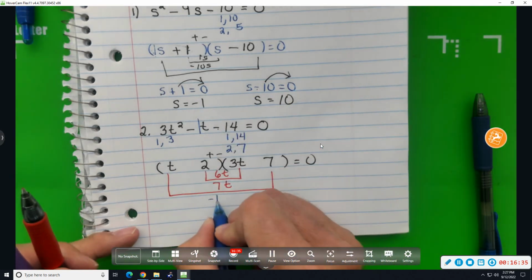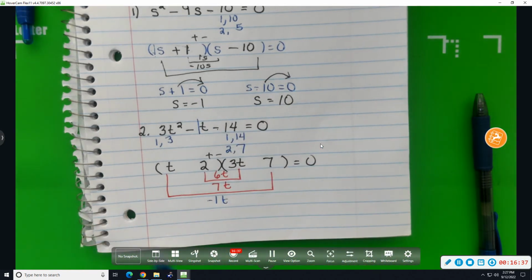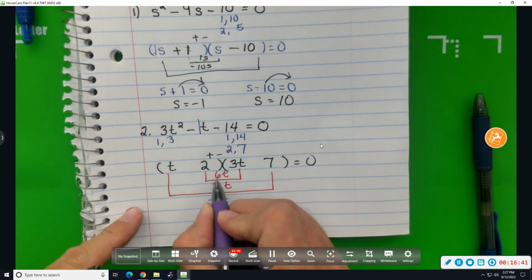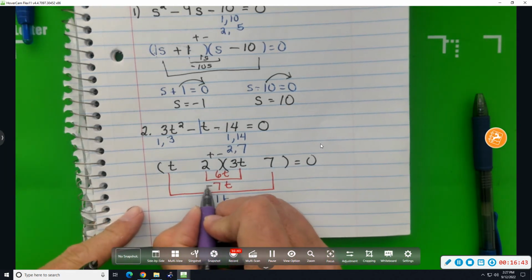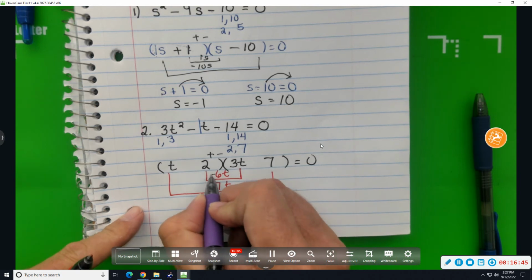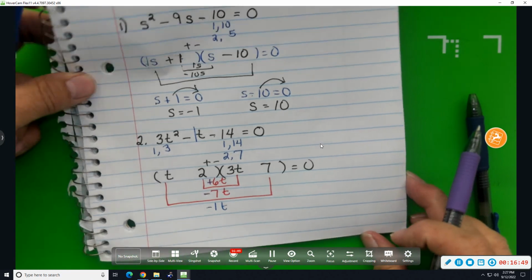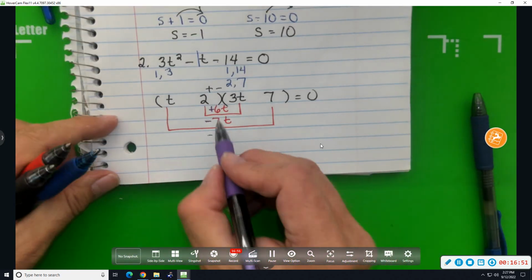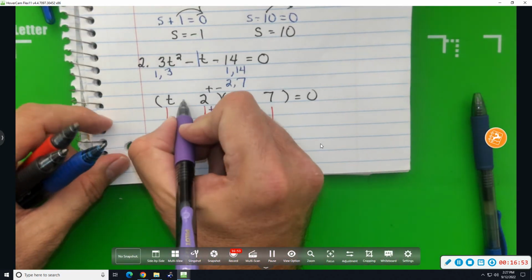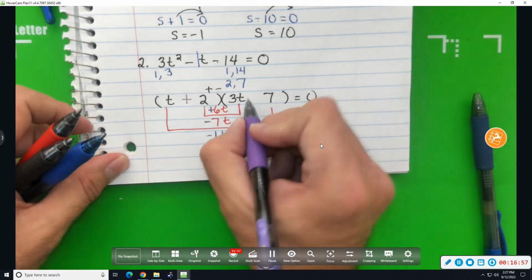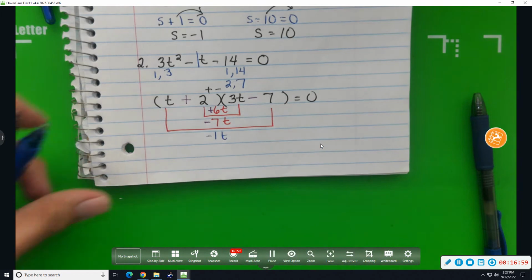Yeah. So that would mean, follow my logic, let's see. The bigger number would have to be negative. So the negative should be on the 7, plus on the 6. So continuing to go backwards there, we need to put a plus in front of the 2, and a minus in front of the 7?